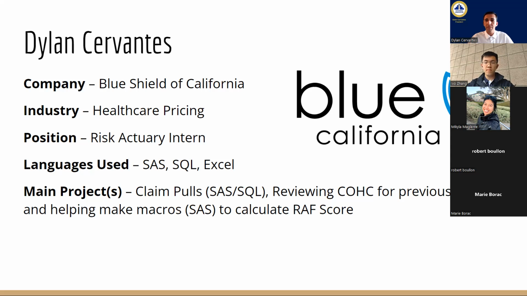Basically, the higher the RAF score, the more opportunity there is for money from that person. So if somebody, let's say, only has arthritis, the RAF score will be relatively low. But if they have many higher conditions, such as cancer and arthritis and diabetes, the RAF score is higher, meaning there's more funding from the federal government.